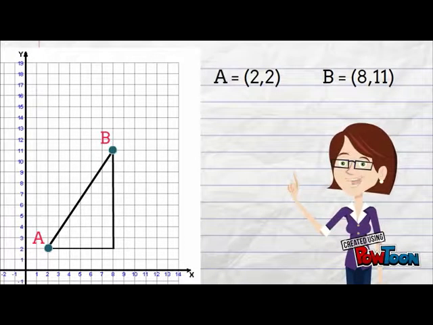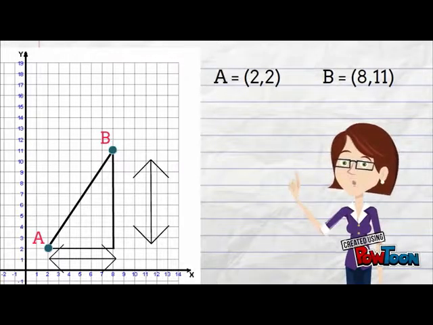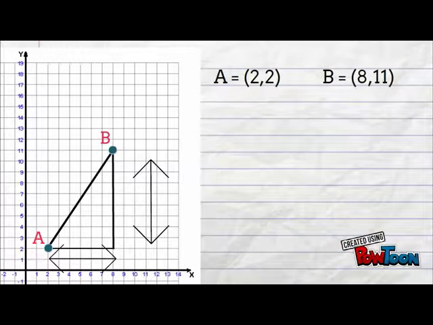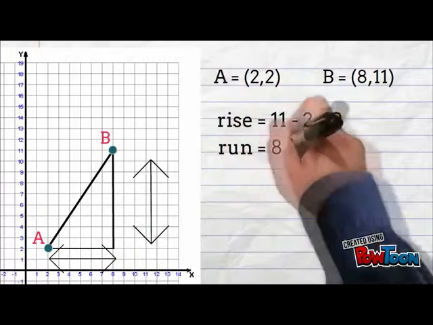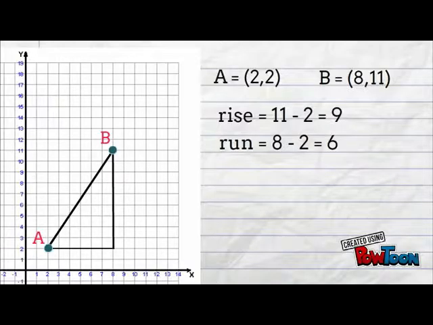We can calculate them by solving the distance vertically and horizontally between the points. For the rise, we subtract the y components of the points to get the distance, while for the run, we subtract the x components, and there we have them back. Now, observe what happened in our formula.